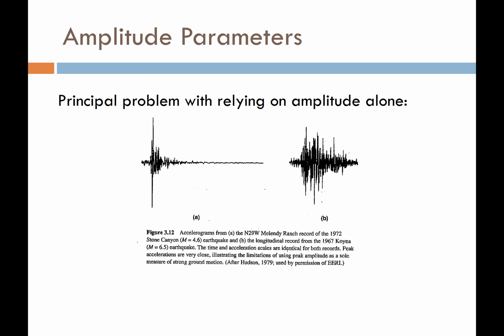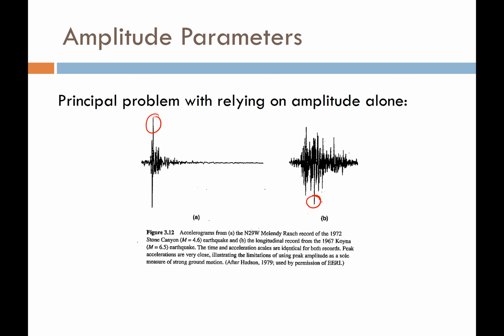One earthquake on the left had some high frequency ground motions, and then it had a huge peak, and then came back down and calmed down a little bit. The ground motion on the right had approximately the same peak. In fact, it might even be a little smaller than the ground motion on the left.